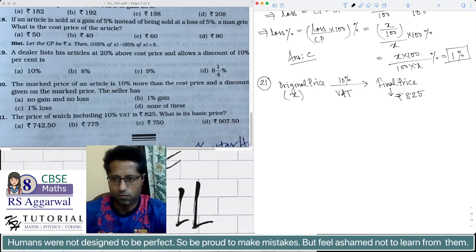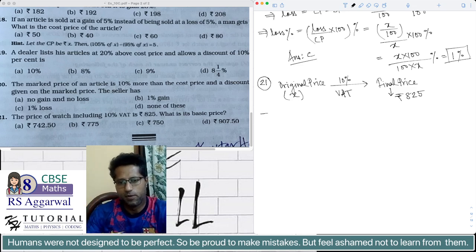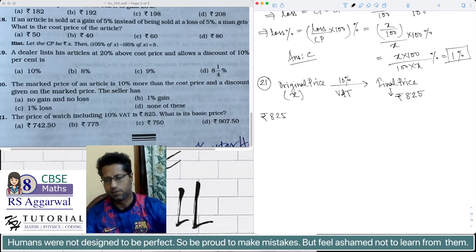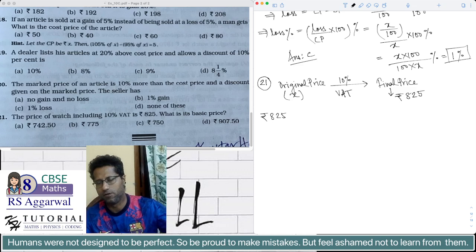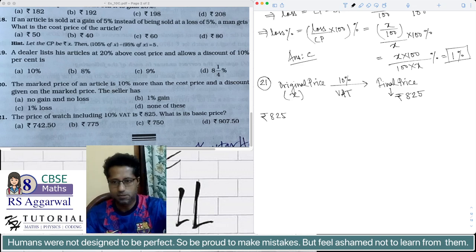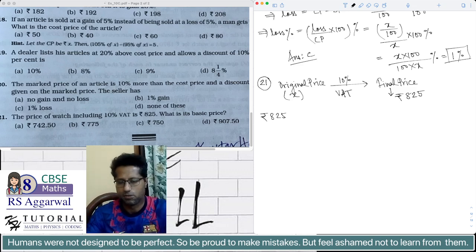Now when there is a 10% VAT, it means that the final price will be the original price plus 10% of the original price.